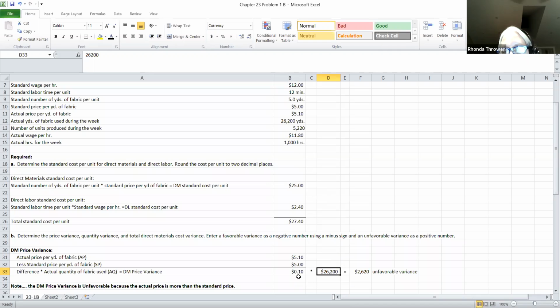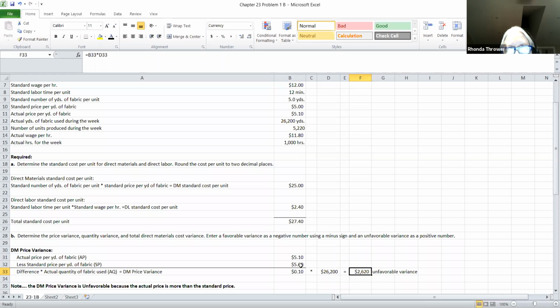And then you simply multiply 10 cents times 26,200, and that will give you a $2,620 unfavorable variance. And so since our actual price was more than our standard price, it made the variance unfavorable.